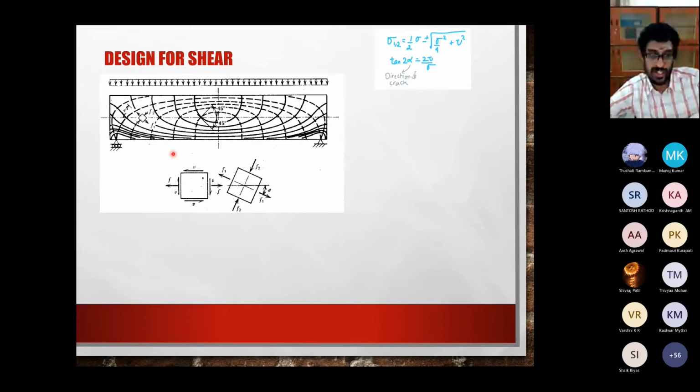Do you recollect this technique of converting normal and shear stresses to a state of principal stresses? Have you studied principal stresses in your mechanics of solids, like drawing the Mohr circle? Okay, yes, so you have done that.